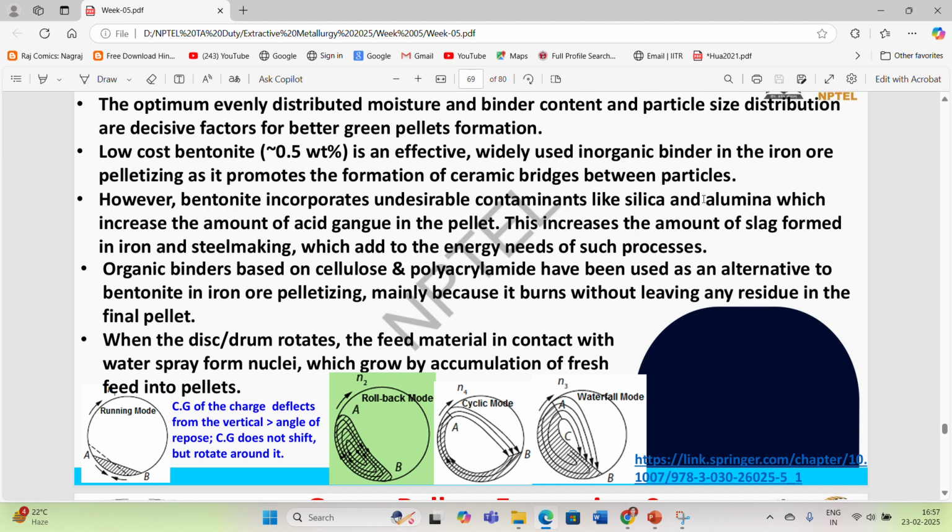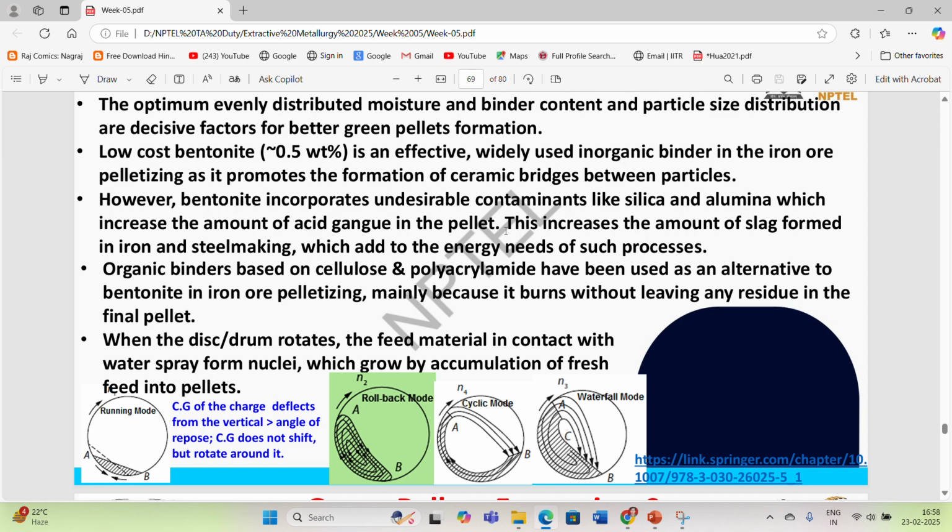Low cost bentonite is an effective, widely used inorganic binder in iron ore pelletizing as it promotes the formation of ceramic bridges between particles.